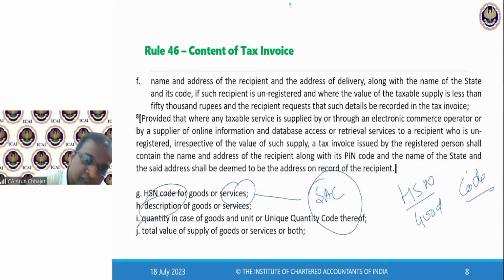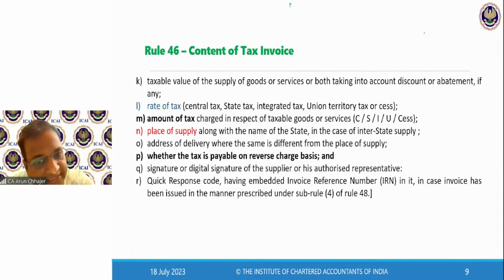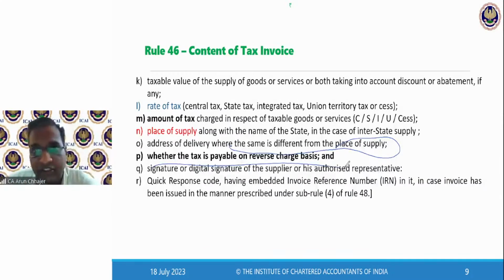Next is description, quantity, total value, taxable value, rate of taxes, amount of taxes, POS, that is place of supply, delivery address if the same is different from the place of the supply, whether tax is payable under reverse charge.